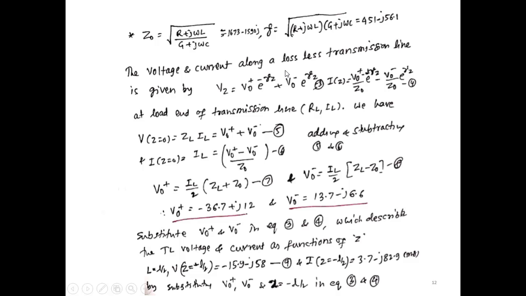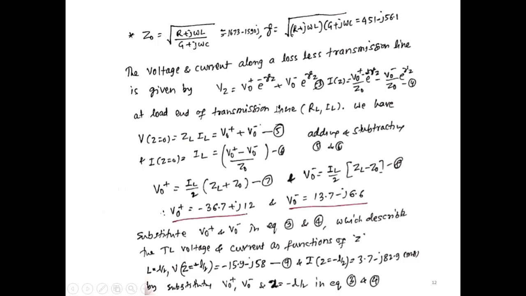The voltage and current along a transmission line are given by Vz is equal to V0 plus e raised to minus gamma z plus V0 minus e raised to plus gamma z, and Iz is equal to V0 plus divided by Z0 e raised to minus gamma z minus V0 minus divided by Z0 e raised to plus gamma z.